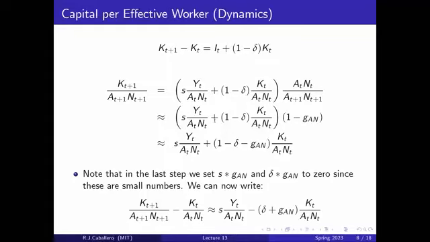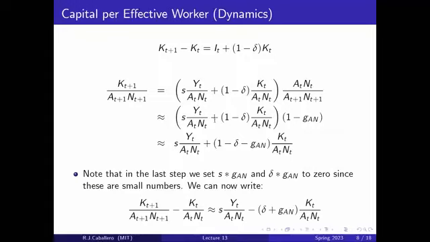So I can write the right-hand side, after all my substitutions, as this. Step one, I divided everything by A(t+1) times N(t+1). Step two, I multiplied each of these terms by A(t) N(t), and divided by A(t) N(t). And then I regroup things, so I end up with that.